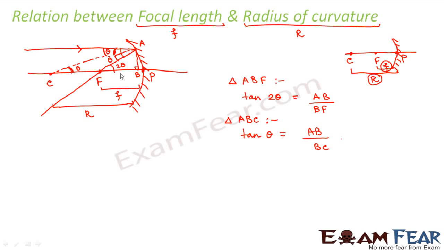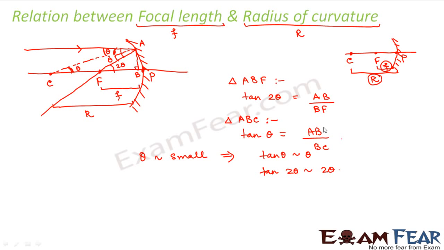So these angles are all small angles. Now when theta is very small, it means that the incident ray is making a small angle with the principal axis, right? So if theta is very small, in that case, we can say that tan theta can be written as theta, right? Similarly, tan 2 theta can be written as 2 theta.